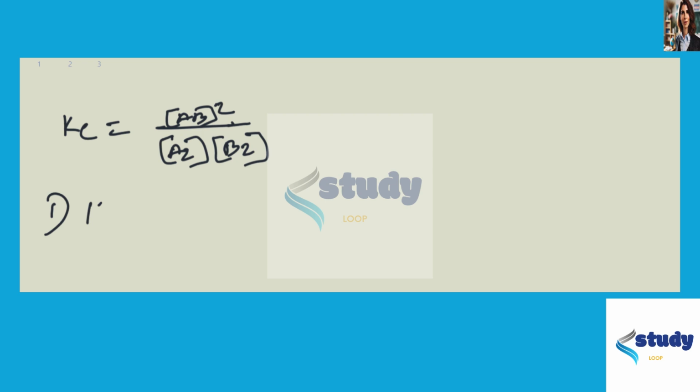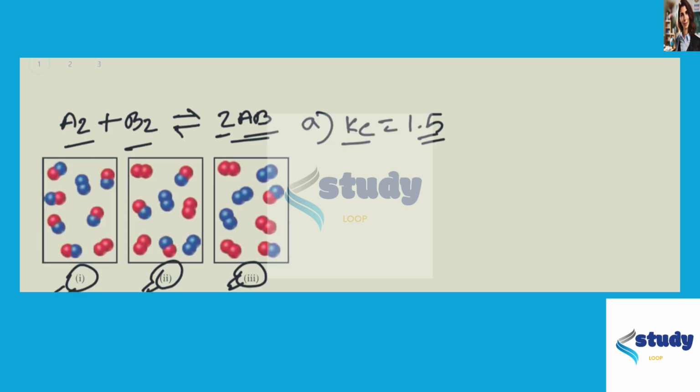So for the first one, what will the value of Kc be? We are told that the red circles, or red molecules here, are A2, the blue ones are B2, and the red-blue mixed ones are AB. In the first one we have one A2, one B2, and 1, 2, 3, 4, 5, 6 of AB.